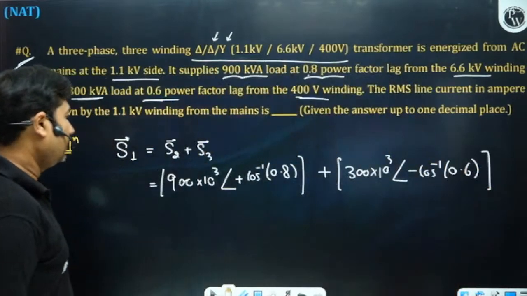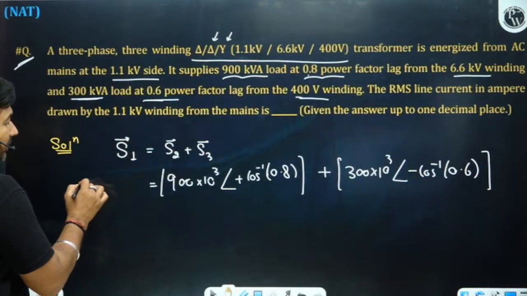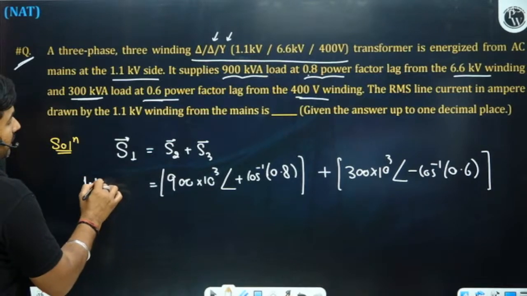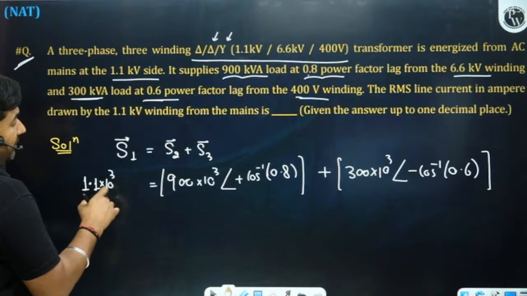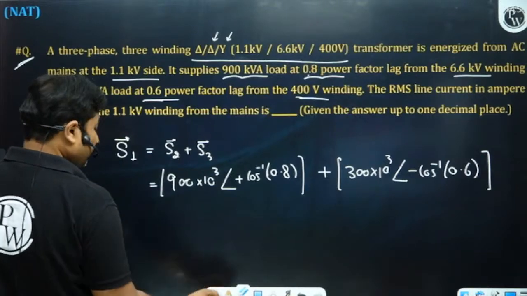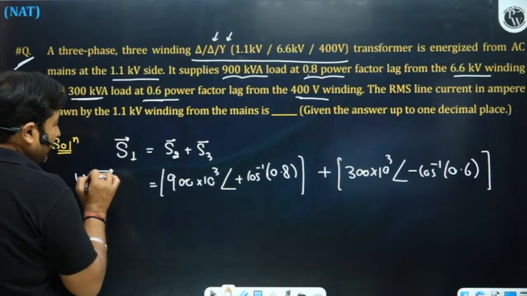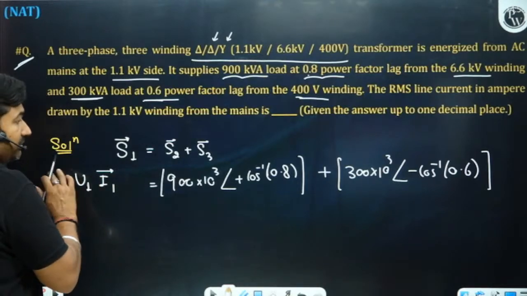Yes sir. This will be equal to the input kVA. Input side is 1.1 into 10 to the power of 3, that is V1. Phase voltage and line voltage are the same on the delta side. So V1 I1. Induced EMFs are always in the same phase.